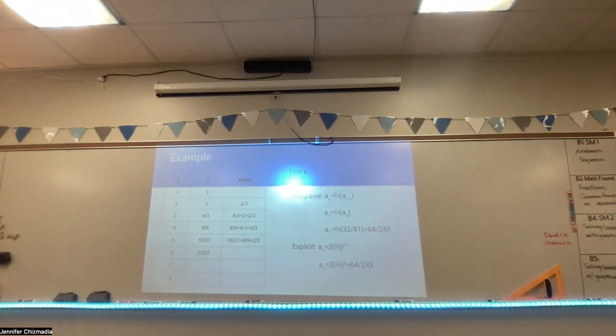So just like last time, we'll do number one together. We're looking to do the same three things as last time. Determine if it's geometric. Find the common ratio or R. And then instead of having you do the next three terms, I just have you find the explicit and recursive formulas.